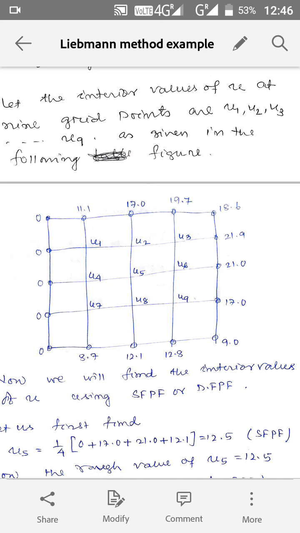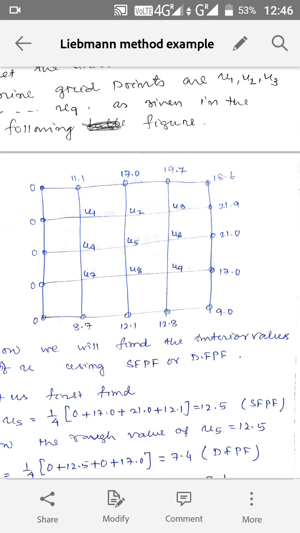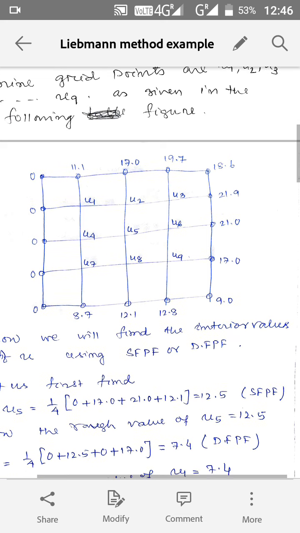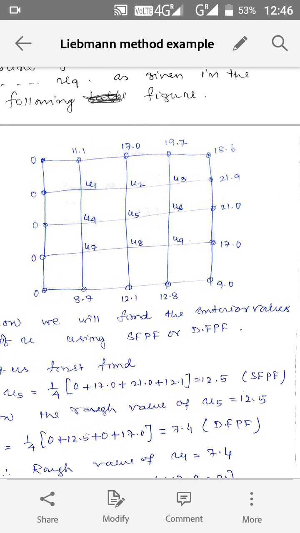Similarly u2, if we consider it, will contain some other unknown values. u3 also contains some other unknown values. Similarly u4, u6, u7, u8, u9, all will contain some other unknown variables, so we cannot get the explicit value. So let us start with u5.